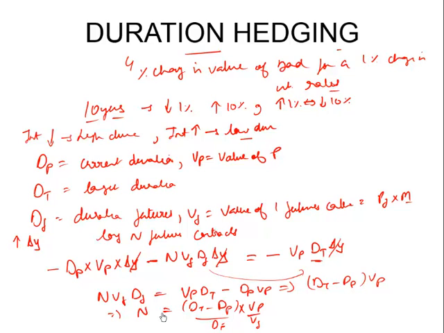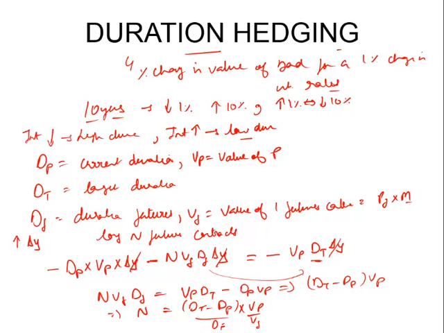So to change the duration of the portfolio from a current value of dp to a target value of dt, we need to long n contracts, that is dt minus dp upon df into Vp upon Vf. Vp is the value of the portfolio, Vf is the value of one futures contract, that is the price into the multiplier. So this is how we can change the duration of our fixed income portfolio.